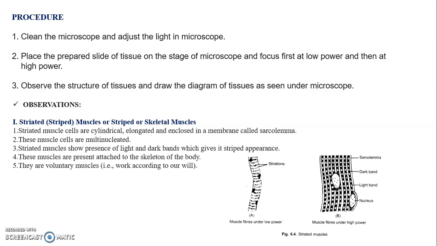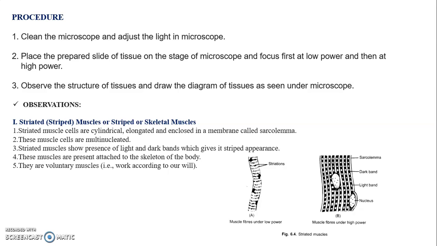We'll observe the structure of tissues and draw the diagram as seen under the microscope. We'll draw this labeled diagram on the blank page of our lab manual, whereas the writing portions we'll do in the ruled pages.